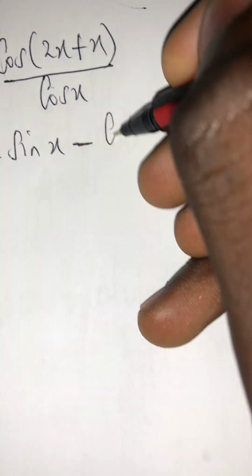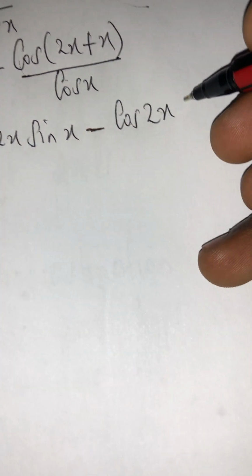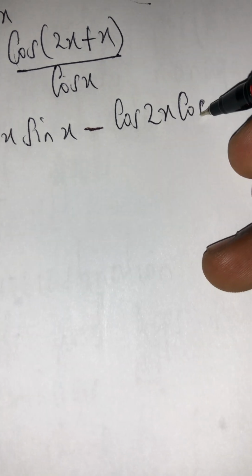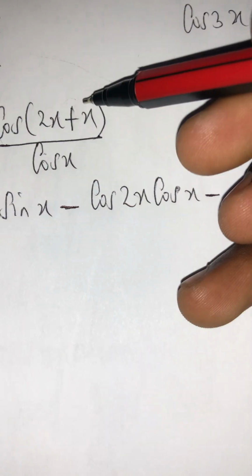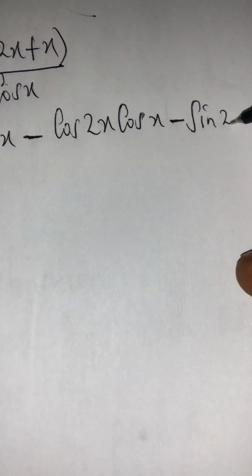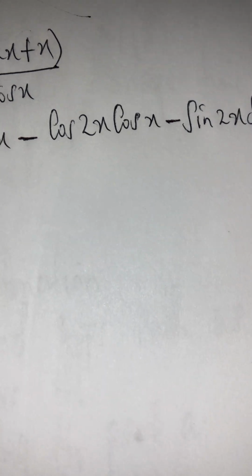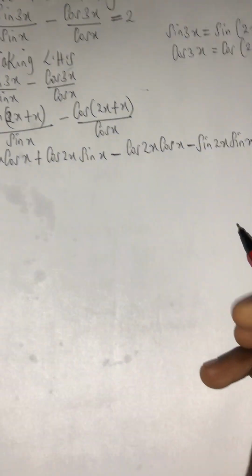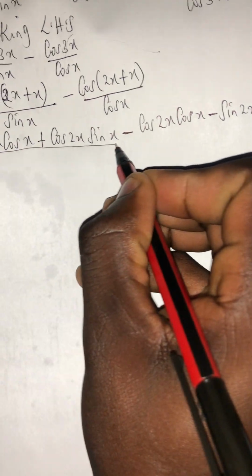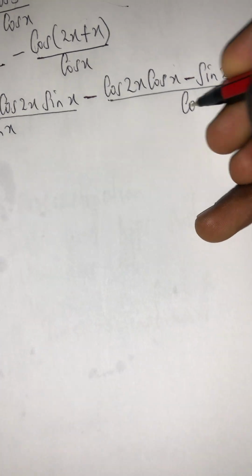So here it will be cos 2x cos x, then if it was positive it will turn into negative, so minus sin 2x sin x. Okay, so this is what I have here. Then here it is over sin x, there it is over cos x.